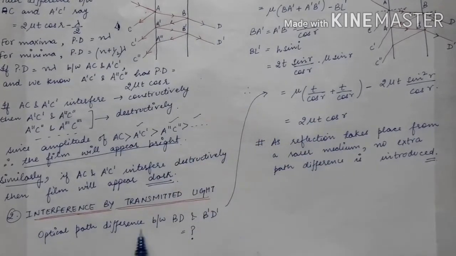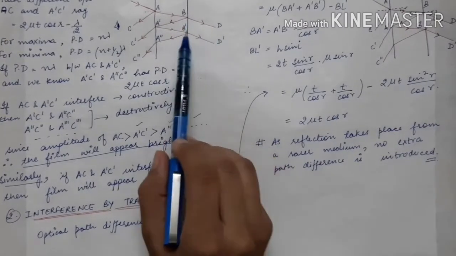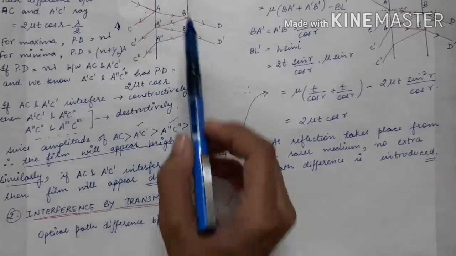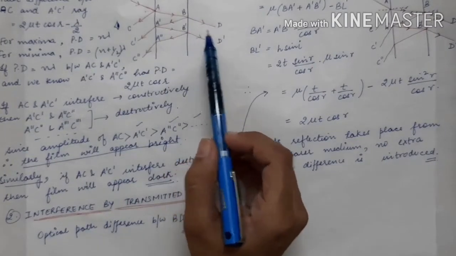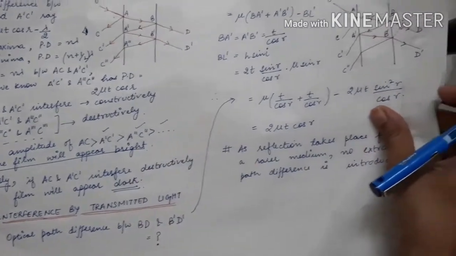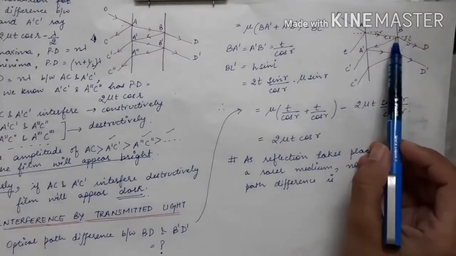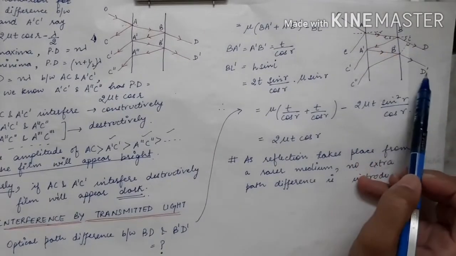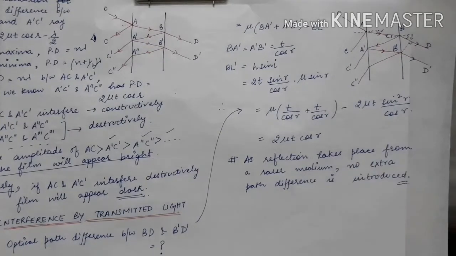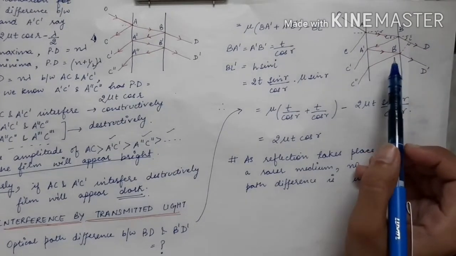So what is the optical path difference between the first two transmitted rays, that is the BD ray and the B prime D prime ray? Here the BD ray and the B prime D prime ray are the transmitted rays, and the procedure of finding the optical path difference is the same.